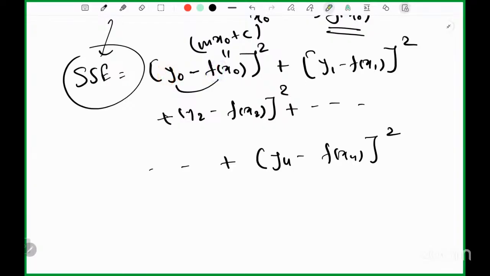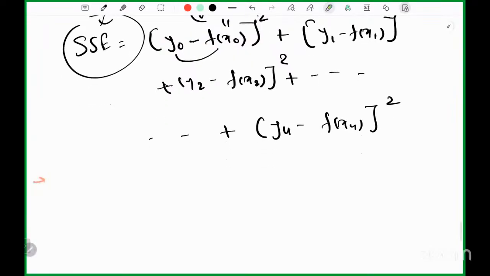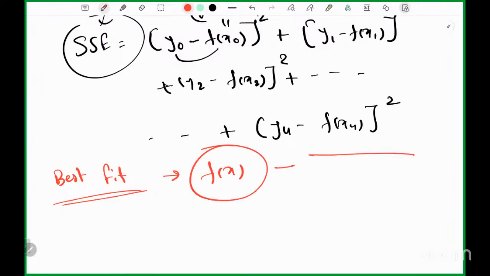Ultimately we say that if the value of SSC is minimum, then that expression is the best fit for our data set. So we say that an expression, whatever function you have, is the best fit for a given data set if the value of SSC is minimum.